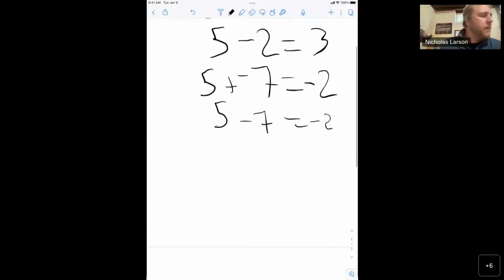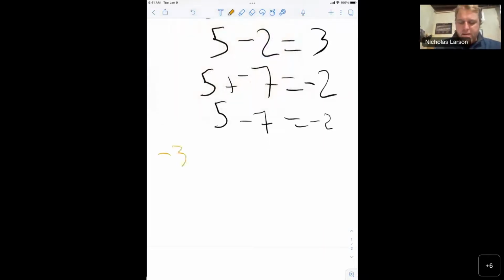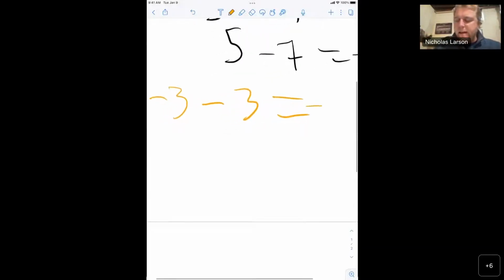All right, let's keep going. What if you have the negative number out front? What if we have negative 3 minus 3? Okay, so let's think about that. I have negative 3. I owe someone $3 to begin with, and then I borrowed $3 more. I now owe them negative $6. So when we subtract a positive number like this, we think about it as adding the opposite.